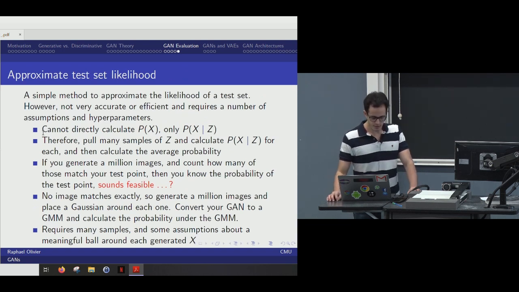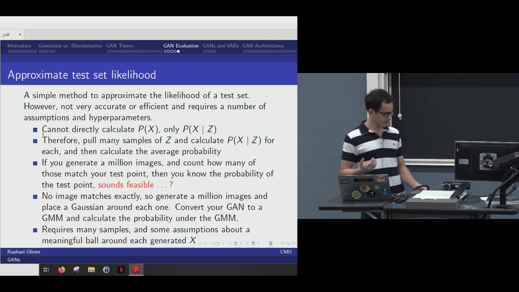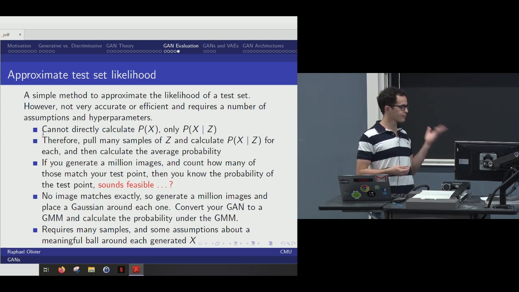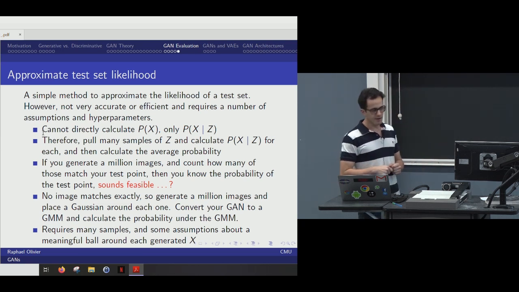And finally, there is a final thing that you can think of. Remember how we said that you cannot, from a sample, compute its probability? Well, you kind of can anyway by cheating, so to speak.